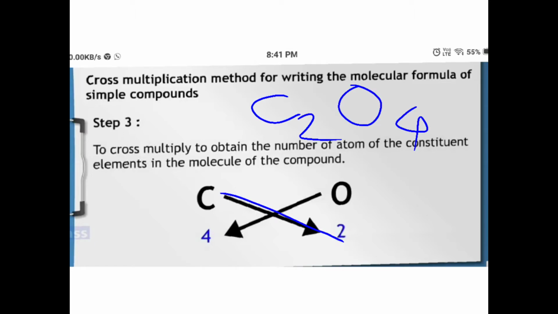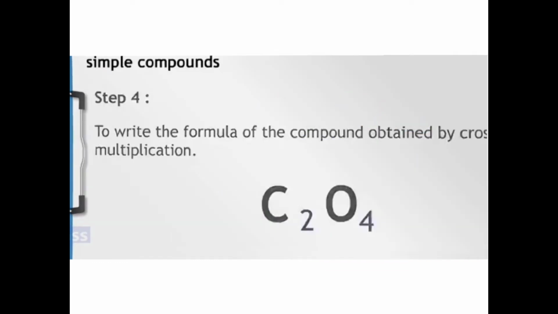So the formula presently of the compound, where carbon and oxygen combined chemically, is C2O4. This is the third step. Still we have to do one more step, children. Fourth step, you have written the formula C2O4. This is the formula which we obtain by the cross multiplication.